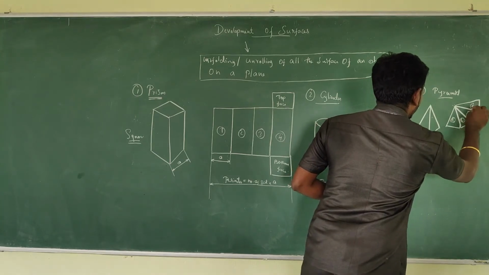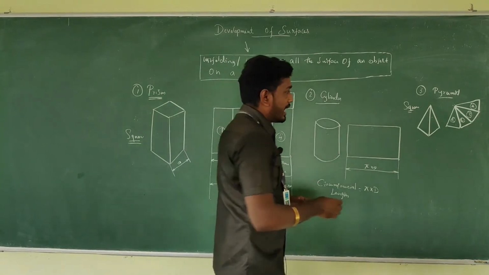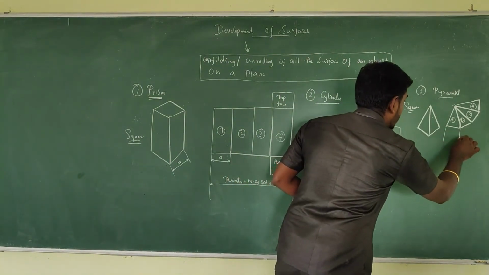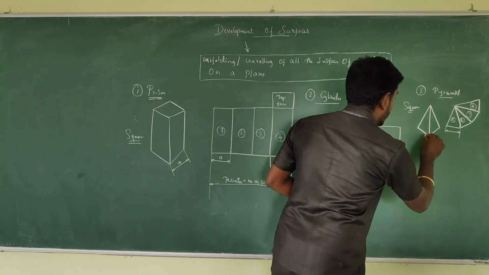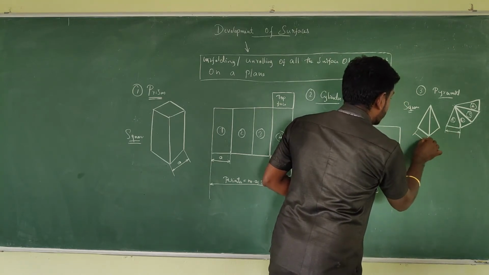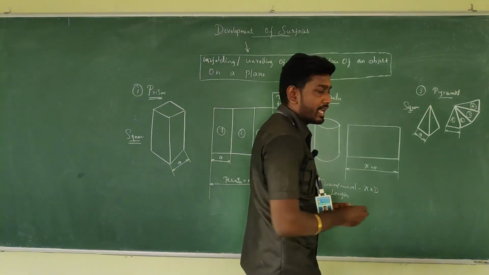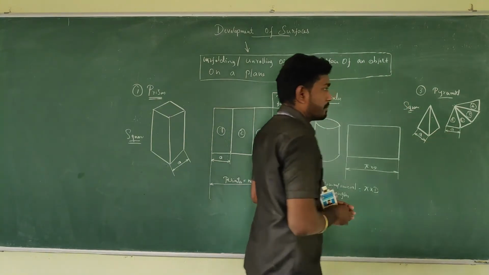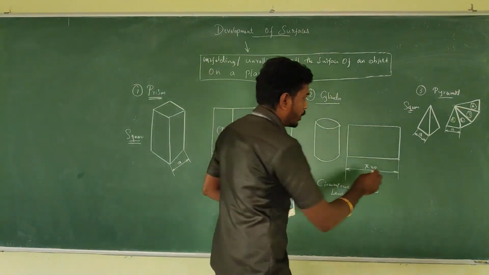Each segment will have a measurement equal to this side or edge measurement. If I take this as A, this length will be A. One more thing I can show you.